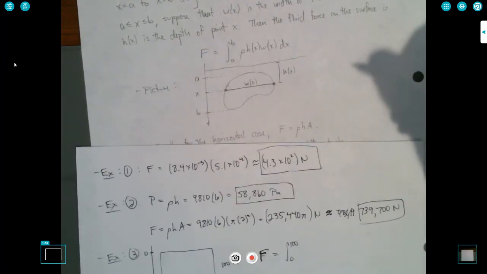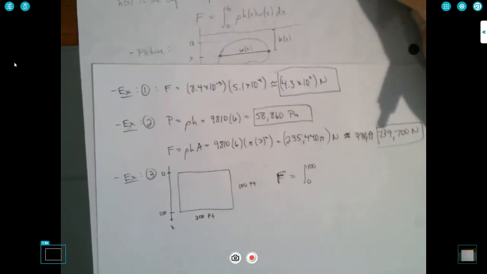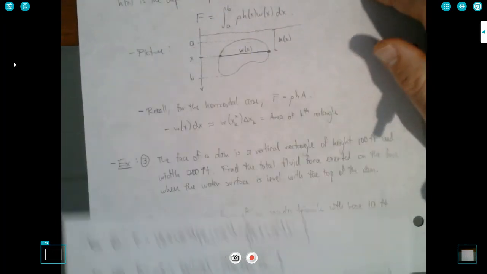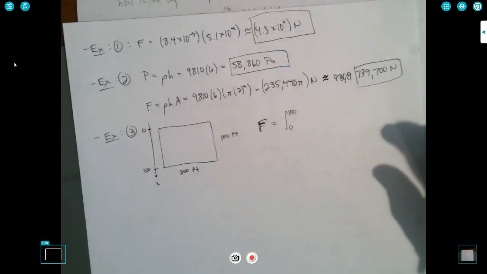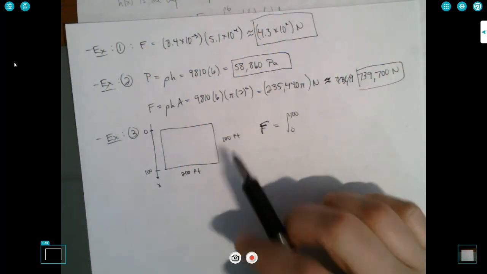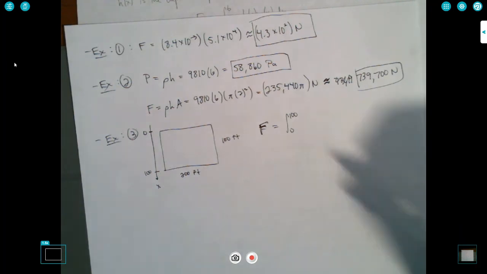This is just water, right? So same density that we used before, although this time we're working with feet. So maybe instead of using the density of fresh water, 9,810 newtons per cubic meter, I should use 62.4 pounds per cubic foot since I'm working with feet. So I'm going to use the 62.4.